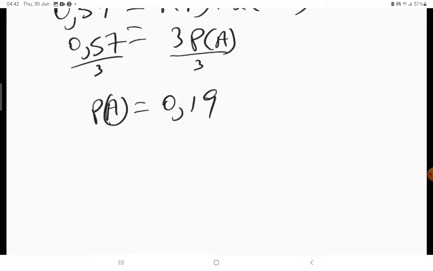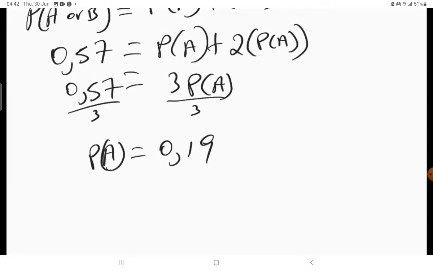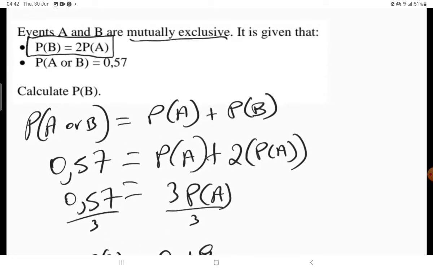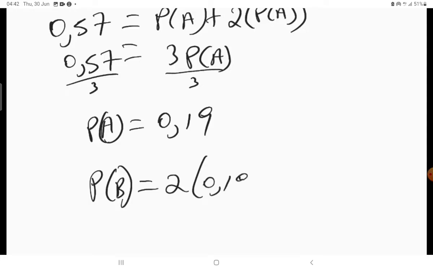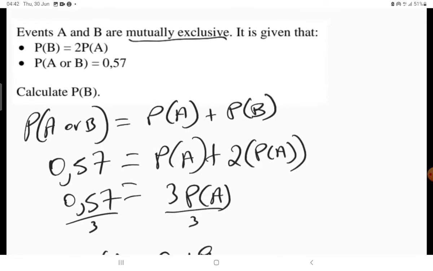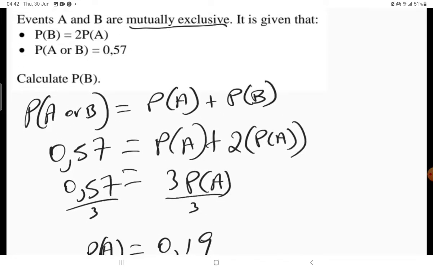Then, you will remember that it was given that probability of B is 2 times probability of A. Therefore probability of B is going to be 2 times probability of A, and the answer becomes 0.38. So this is just what we have for this question. See you in the next one.